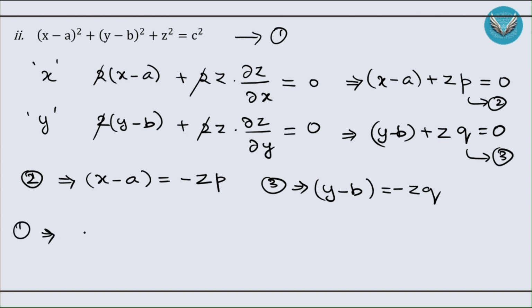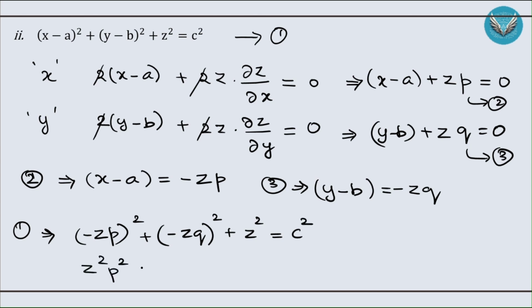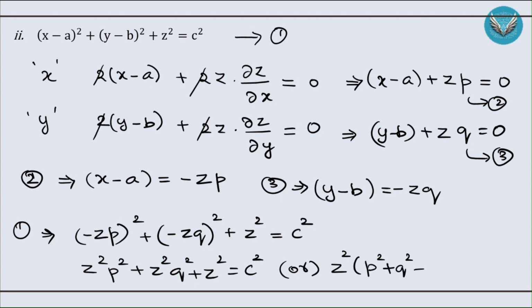So equation 1 gives you (minus zp) whole square plus (minus zq) whole square plus z square is equal to c square. So this is z square p square plus z square q square plus z square is equal to c square. Or taking z square common, we can write it as p square plus q square plus 1 is equal to c square, which is the required partial differential equation.